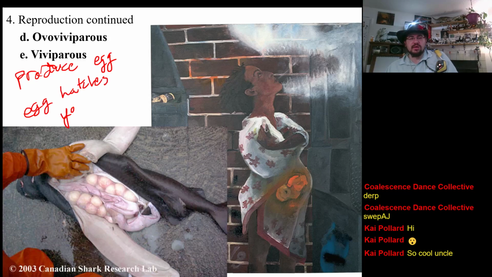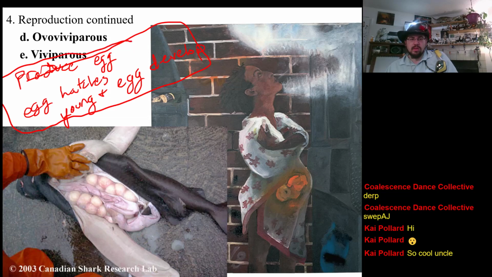And then the young and egg develop all within the uterus, all inside the uterus, such that the animal does what we call live birth. It gives birth to well-developed swimming young that come out of its birth canal and cloaca. So that's ovoviviparous.